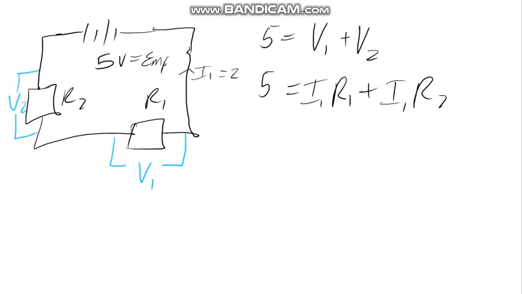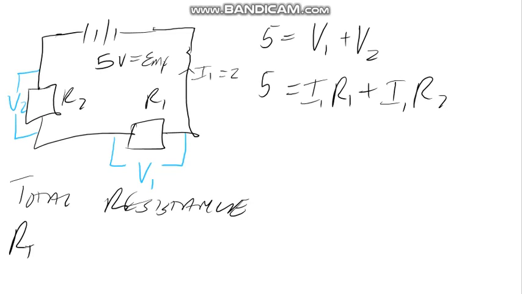Remember, in a series circuit, to get the total resistance, the sum of the external resistance, you say R total is equal to R1 plus R2. That's how you calculate the total of a series circuit.